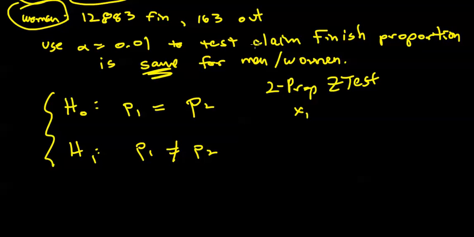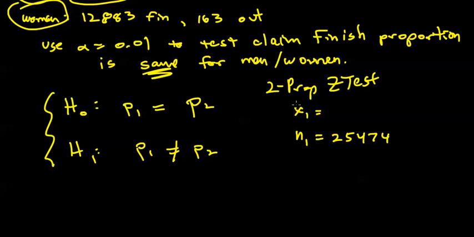So let me add that up quickly. 25221 plus 253 equals 25474. Oops, that's n, sorry. Forgive me, that's the n sub 1. The sample size, right? 25474, yes.